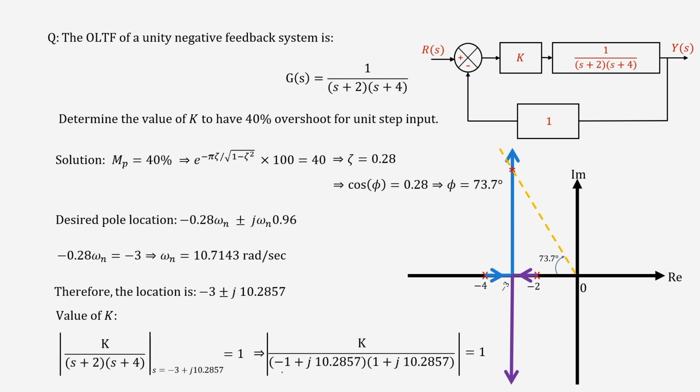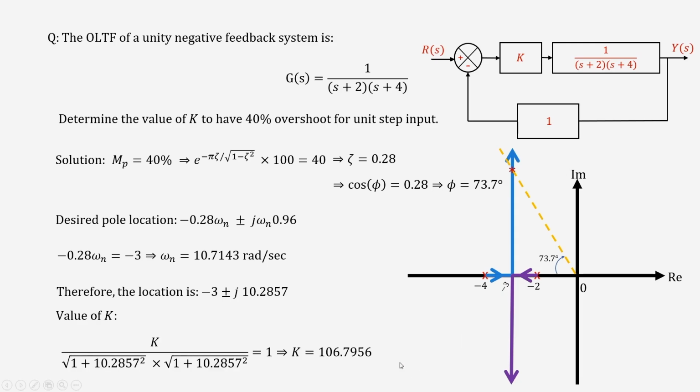Again, check. So, this is the magnitude of this part. You can just do the square root of real part squared plus imaginary part squared, and the value of K simply comes out to be 106.7956. So, this means that at this point the value of K is 106.7956. You can put that value, and that will be your closed loop location.